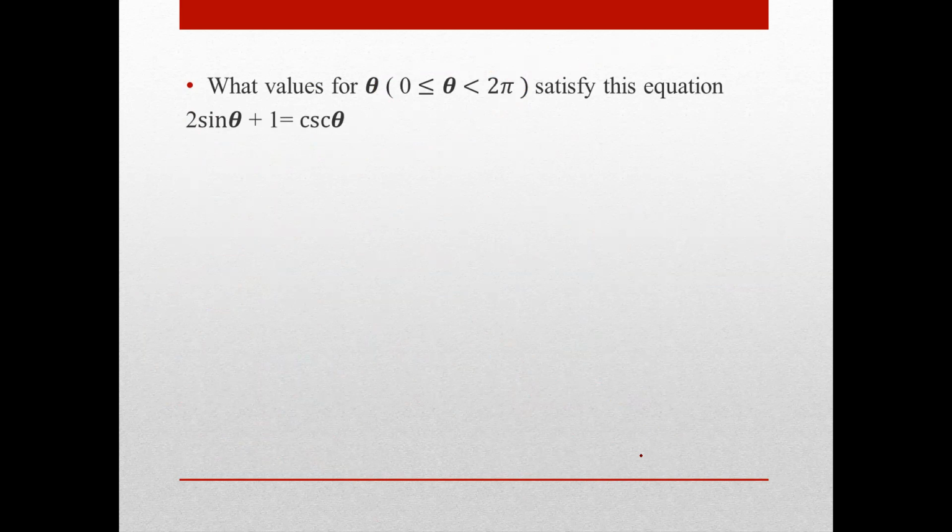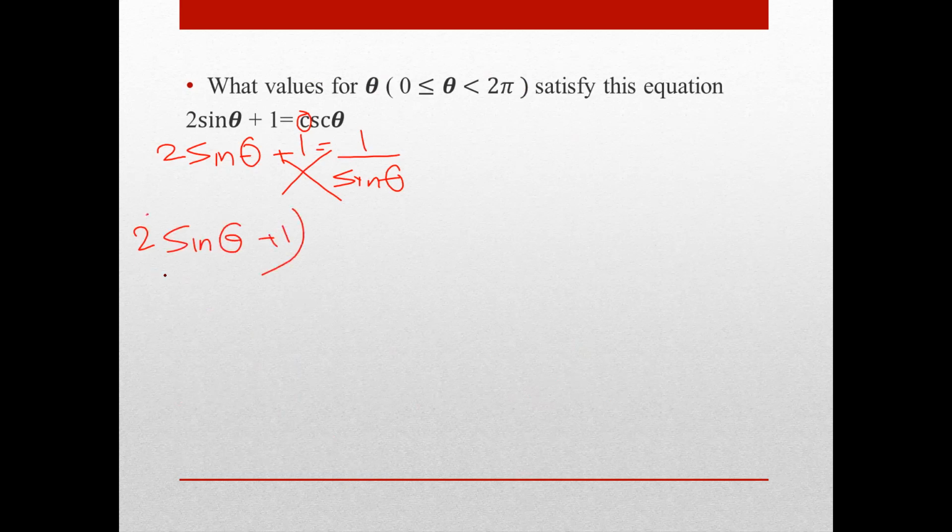2 sine theta plus 1 equals cosecant theta. The first step, I will rewrite it as 2 sine theta plus 1 equals 1 over sine theta. Then by cross multiplication, 2 sine theta plus 1 times sine theta equals 1.